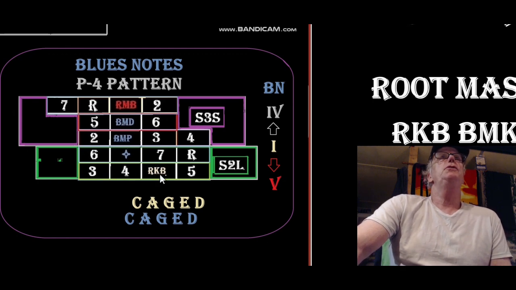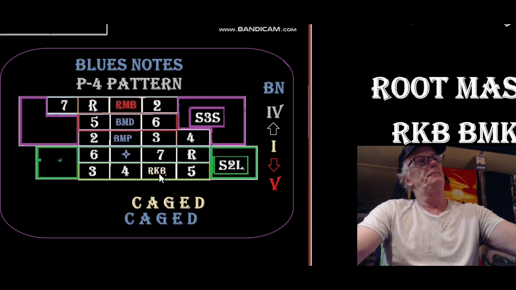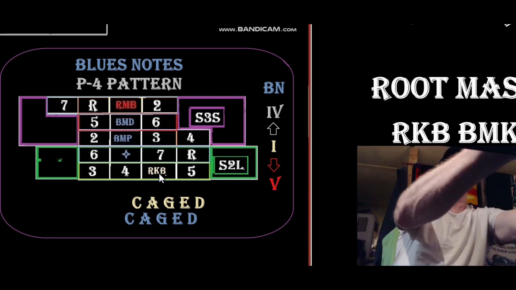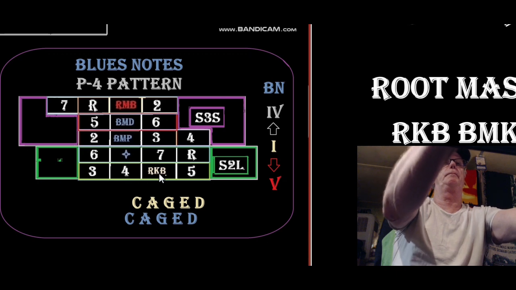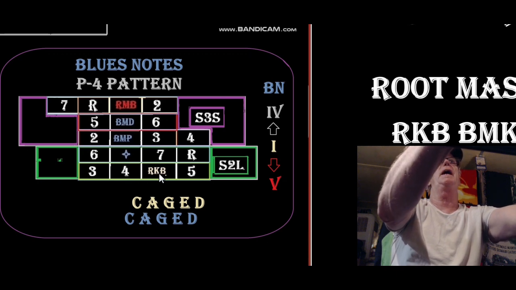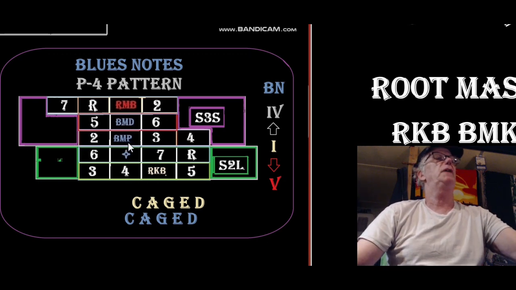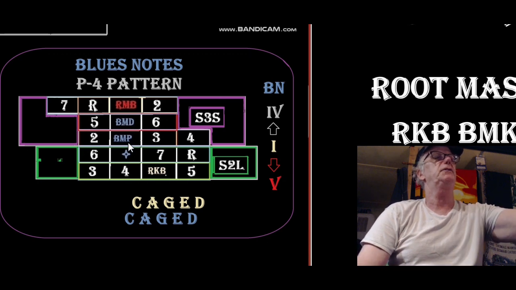So the blues note for the root key of the blues is 5 flat. Okay? 5 flat. Okay, the blues note for the blues master pent key is 2 flat because the blues master pent key is this.